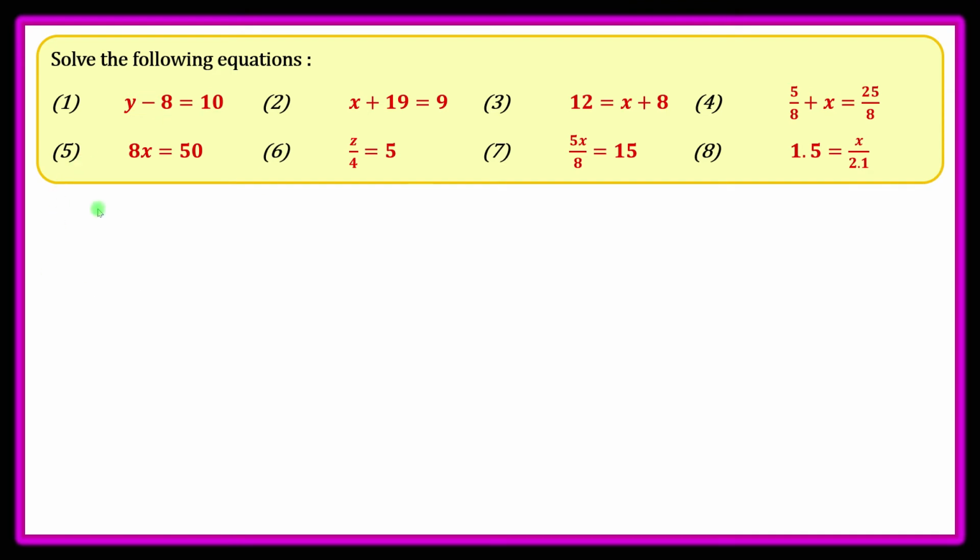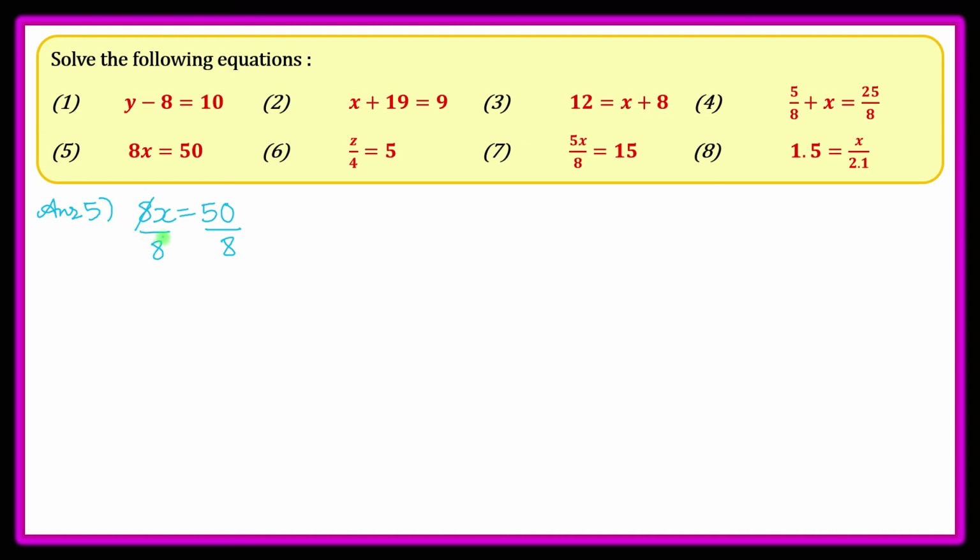So we have question 5, 8x equals 50. As you can see, the first 4 questions deal with addition and subtraction, but in this case we have multiplication going on. The inverse operation of multiplication is division. So if I want to take out this 8, I have to divide by 8 on both hand sides, like this.